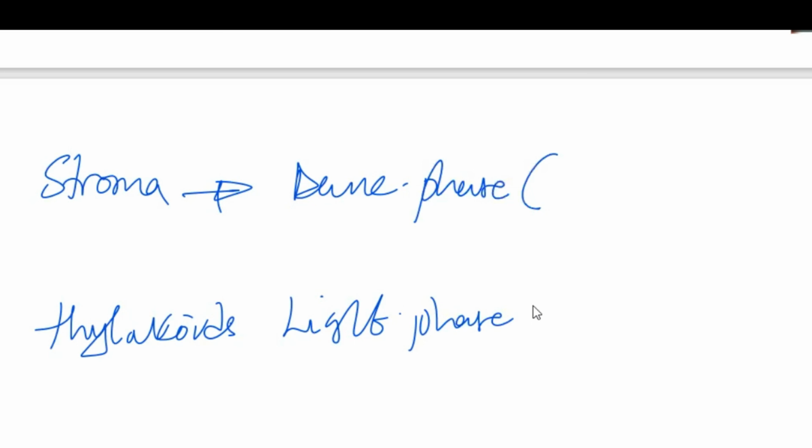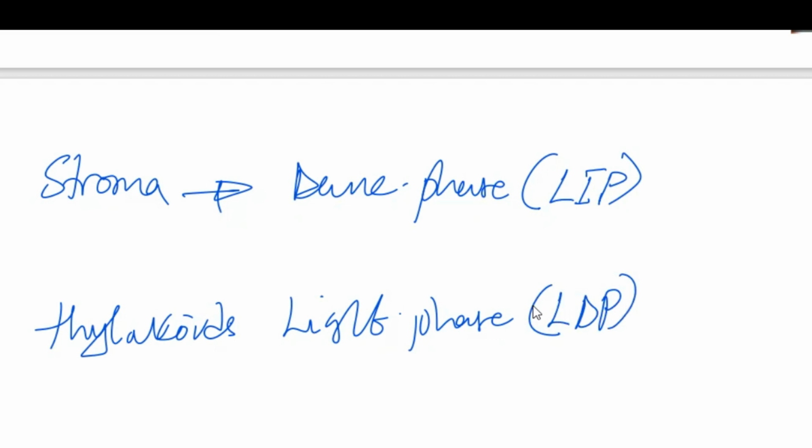Because the dark phase occurs in the dark, it does not require light. We can call it light independent phase. I'm not saying that, write it like this. And then the light phase, because it requires light, we shall call it light dependent phase.